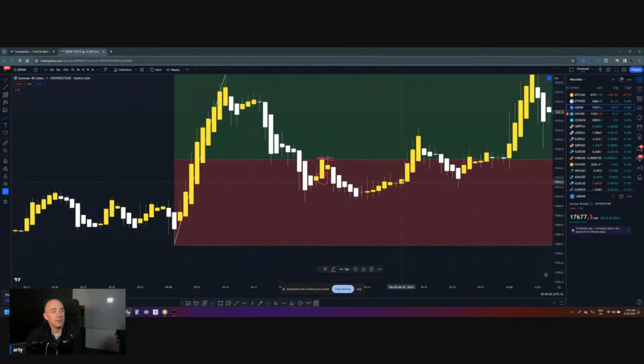Another entry, no wick. Went up, both trades were in profit. And then I started recording. We got in on a third position. I was a little bit late, so I think I got in somewhere around here, but no wick again within the 50% area.